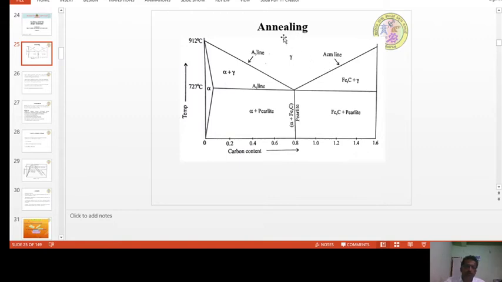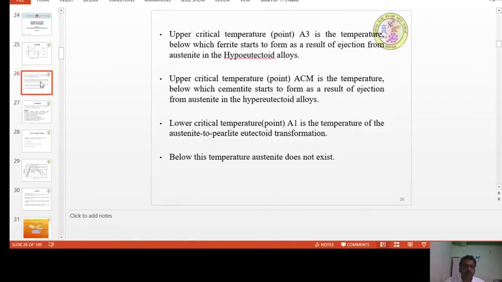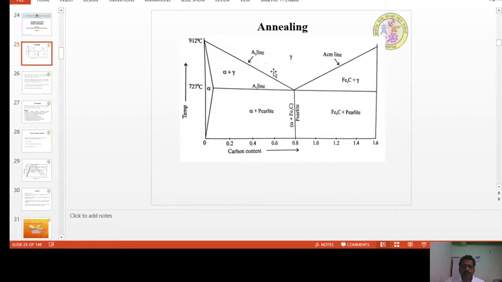Before going to study the details of annealing, let us look into the various temperature aspects of the iron carbon diagram. The upper critical temperature, that is the A3 point. This is also the upper critical temperature, and this is the lower critical temperature.